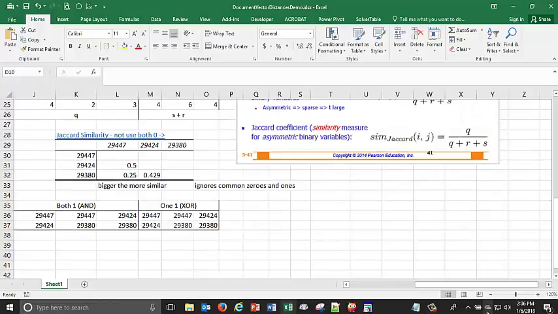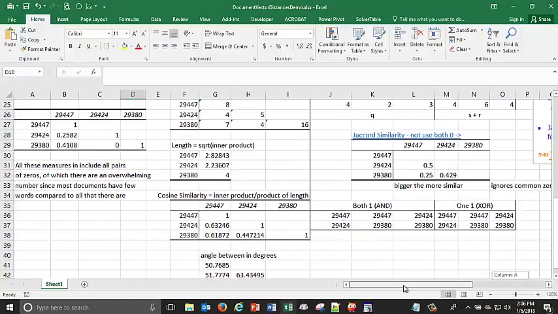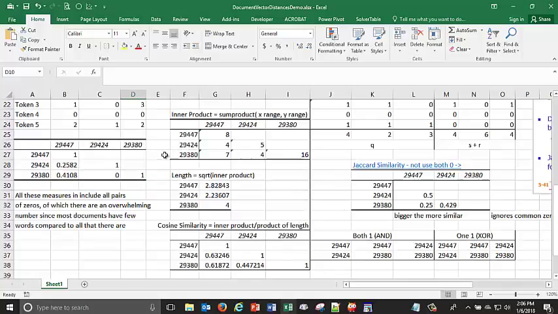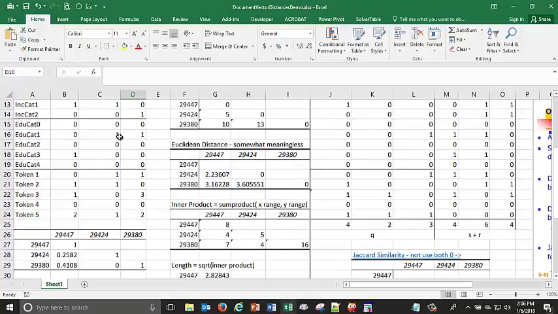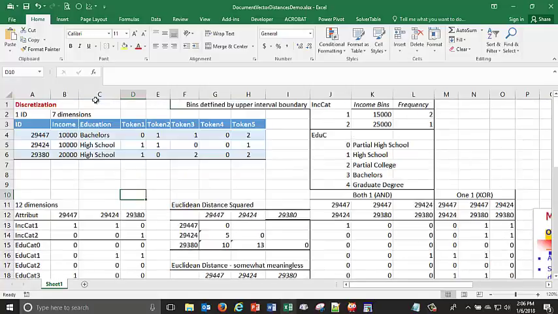So this is a common way to measure the distance between two documents or two individuals which have both word differences and variable differences.